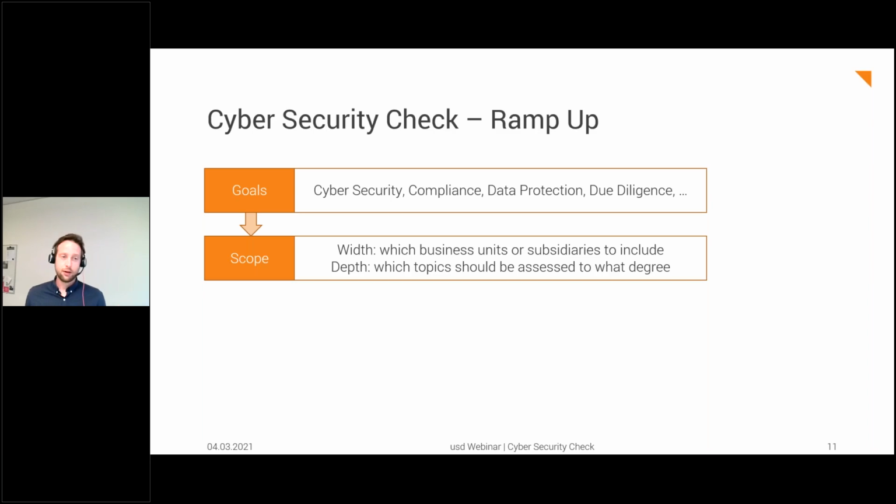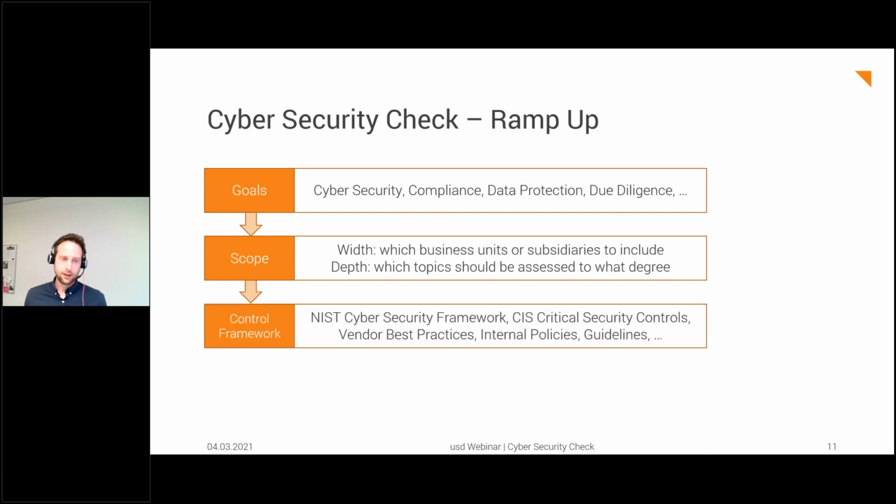If we now have the scope and the goals, then we really need to drill down. How do we want to check this? What kind of control framework are we using for our cybersecurity check? You could go with an external control framework, or an internal control framework, like your internal policies or guidelines.